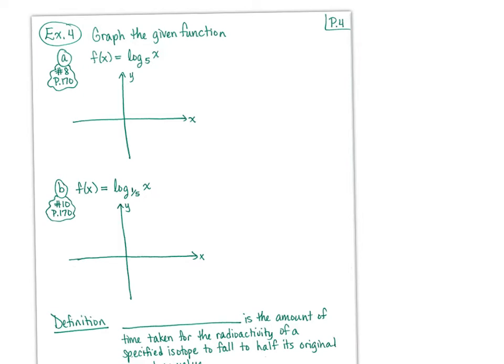Remember that f of x equals log of x base 5 means the same thing as y is equal to log of x base 5. But by the starred property from the first page of our notes, remember that this means that when we take our base and raise it to the other side, we get this. So this means 5 raised to the y is actually equal to x.